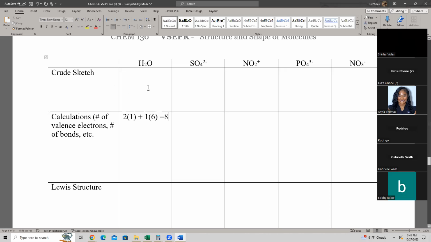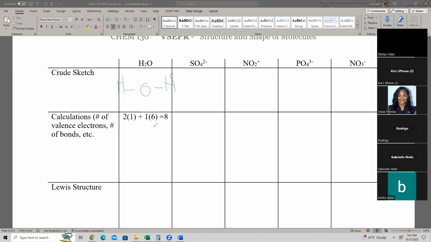Okay, so when we do that, now we need to make our crude sketch, which means that the oxygen's in the middle, because hydrogen can never be in the middle. Remember, we talked about that, because it only makes 1 bond. And you cannot have something in the middle of something if it only makes 1 bond. There. So that's our crude sketch.